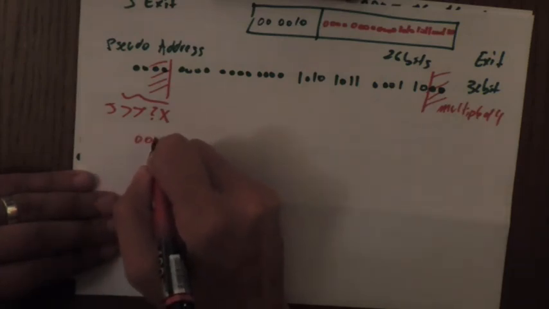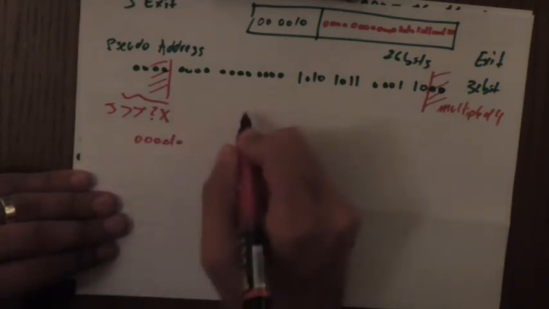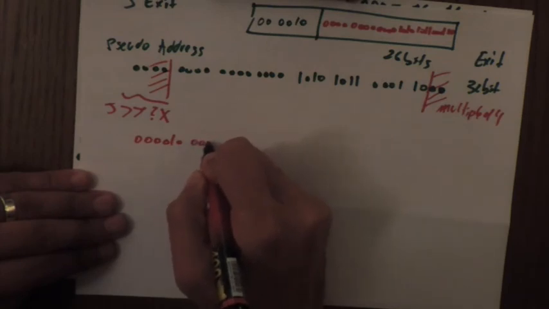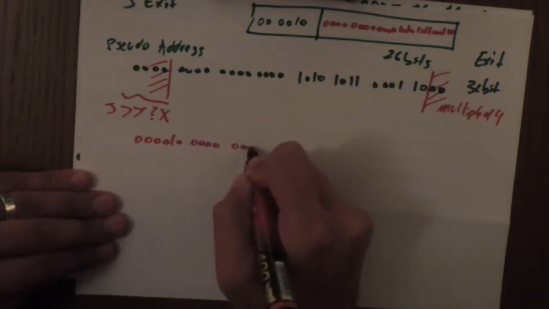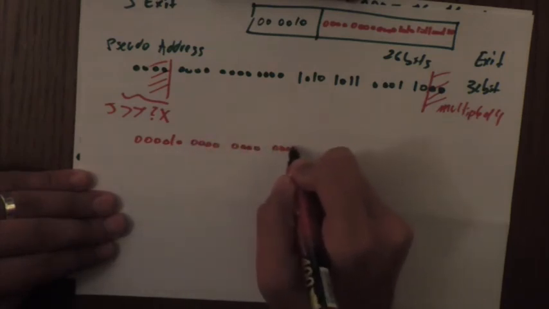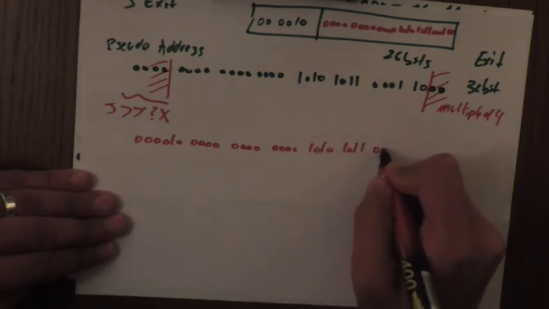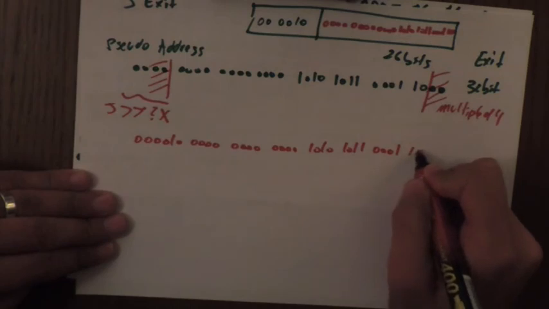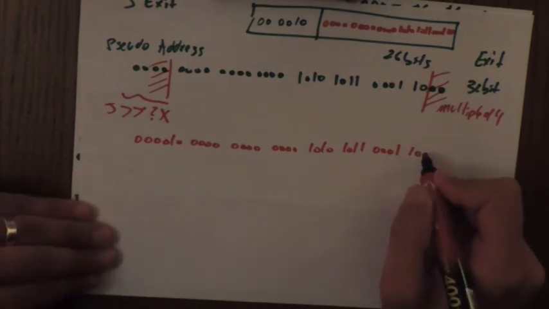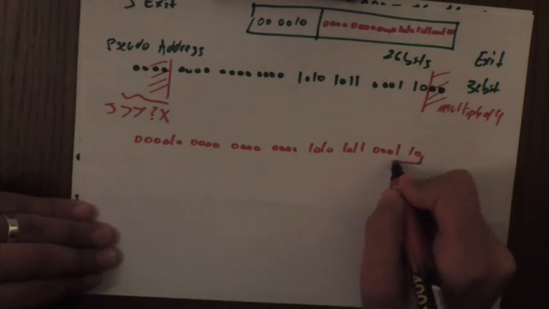So 0, 0, and then 4 zeros, another 4 zeros, 4 zeros, 1 0, and 1 0. So I start from the right, and I go like this.